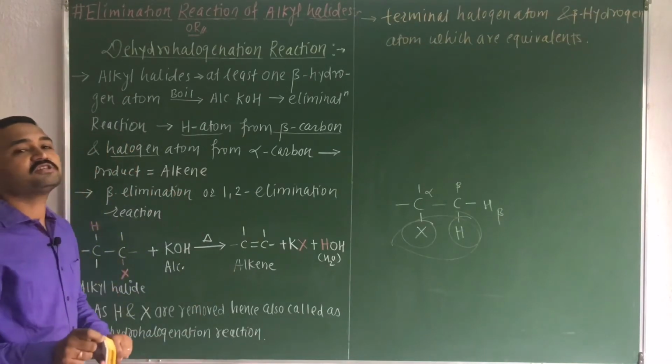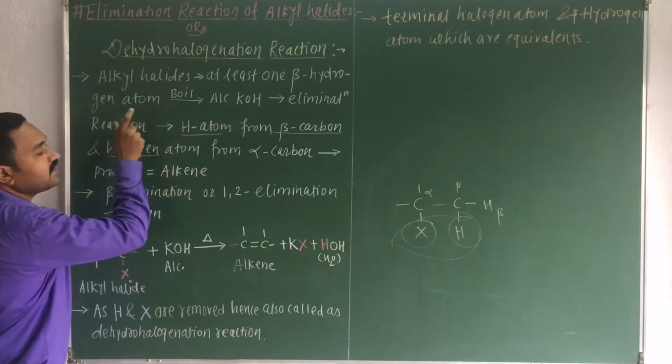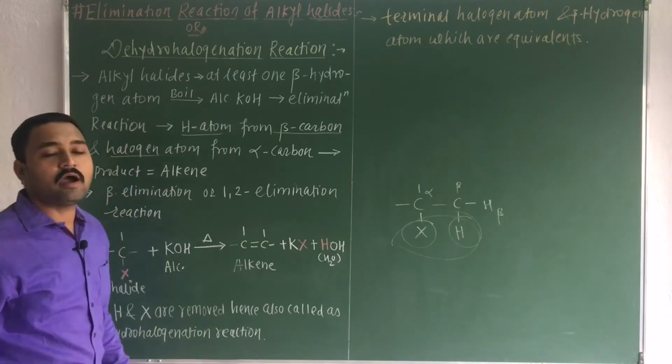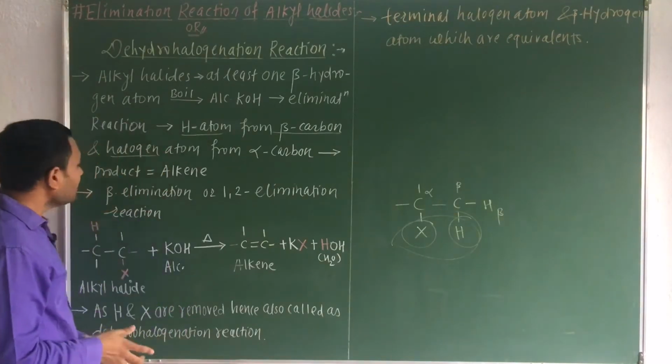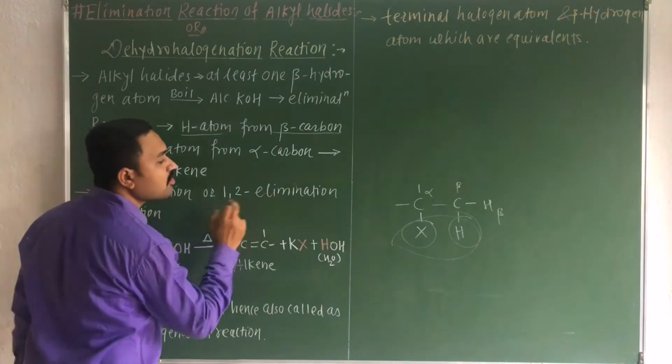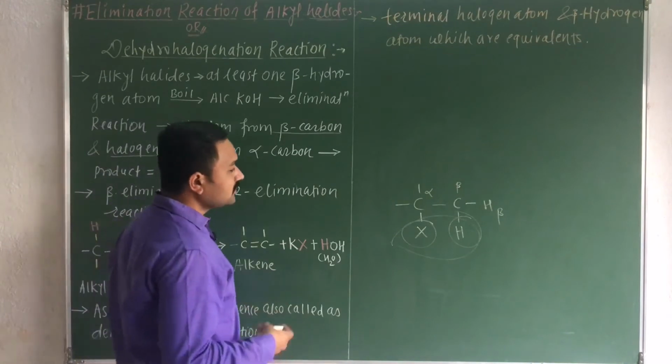That reaction is known as the elimination reaction of alkyl halide or the dehydrohalogenation reaction, or it is also known as beta elimination or 1,2 elimination reaction.